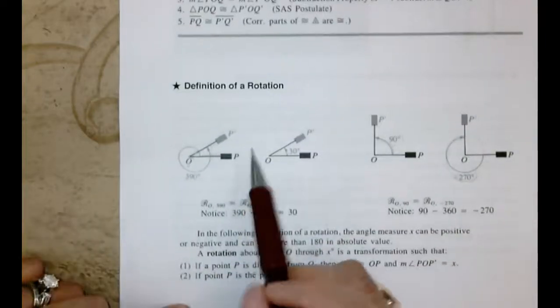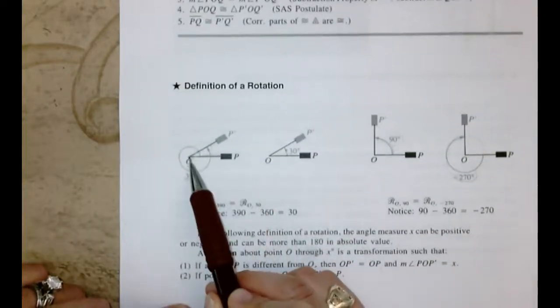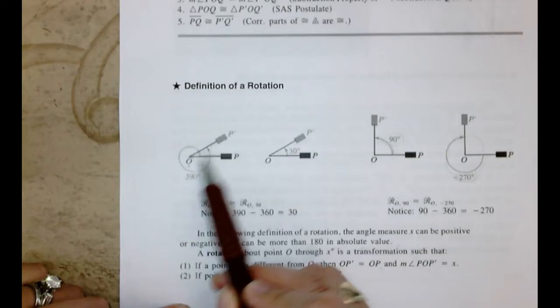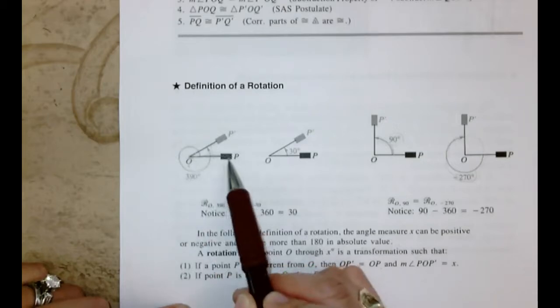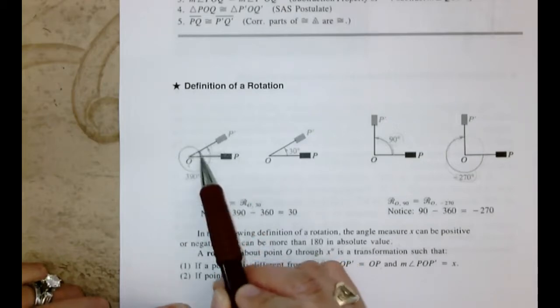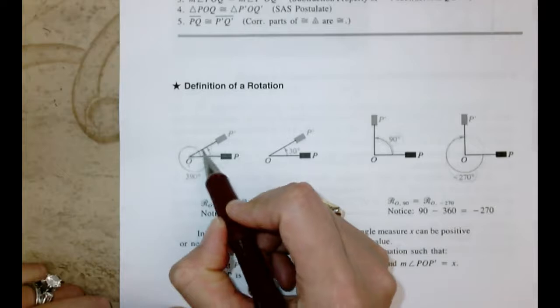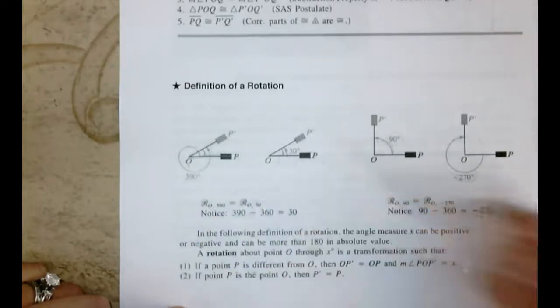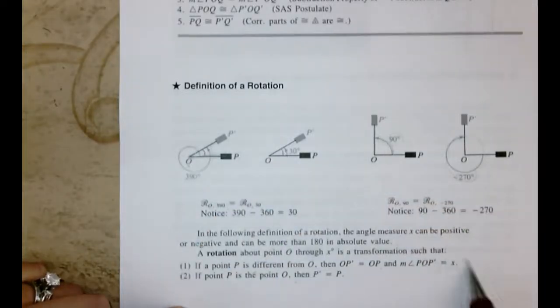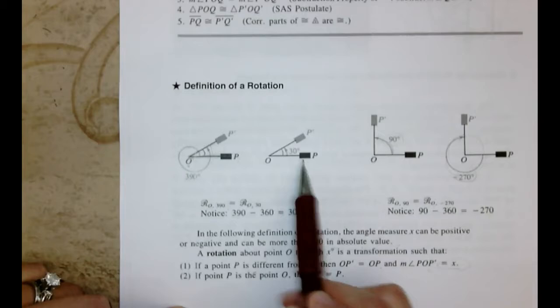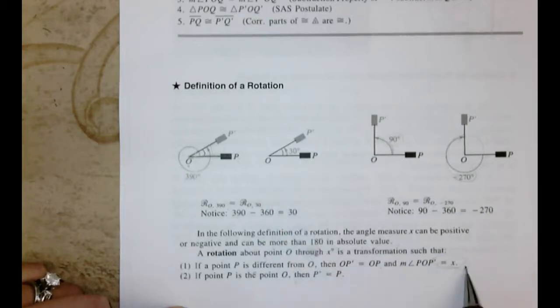So the distance from the pre-image to the center and from the image to the center have to be the same. That's what the rotation is. And this move is the angle of rotation. The measure of angle P O P dash is x. That's how much you're moving.